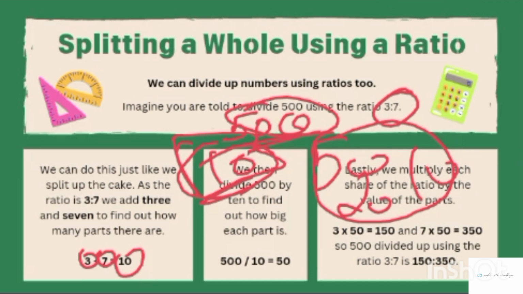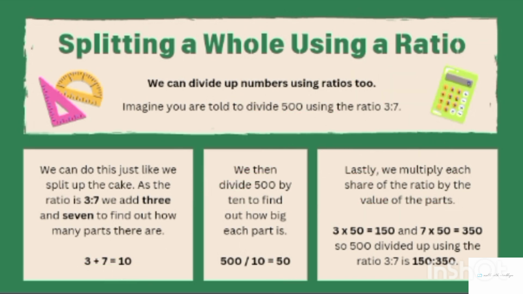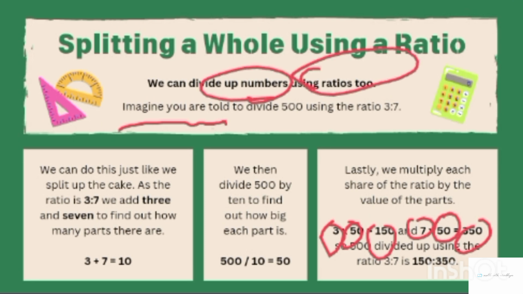So when we divide it, we get 50. It means there are a total of 10 parts and each part is 50 rupees. Lastly, we multiply each share of the ratio by the value of the parts. We multiply 3 by 50 and 7 by 50.